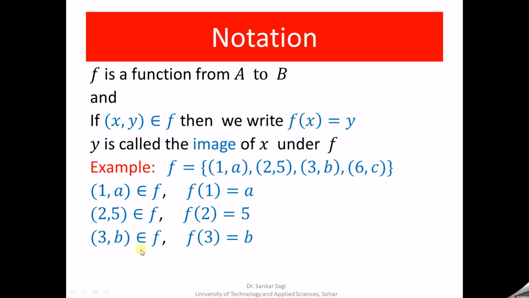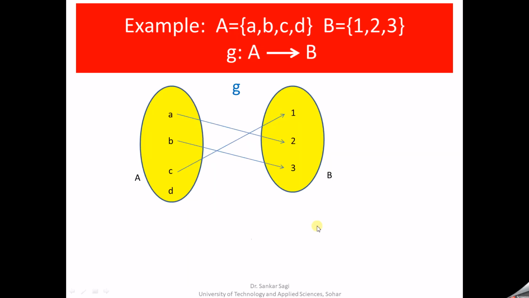Similarly, (3, b) belongs to f is the same as f of 3 is equal to b. 3 is mapped to b. And (6, c) belongs to f is the same as f of 6 is equal to c. So the element 6 is mapped to c, or the image of 6 is c. So this is the notation we use.